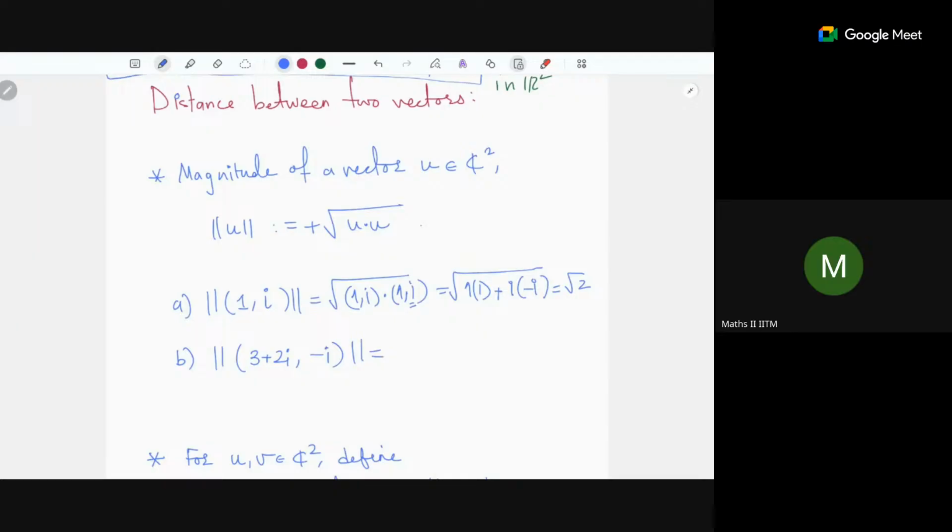So, what is the magnitude of the second vector? Anyone? Is it root 14? Let's check. So, it is 3 plus 2i. So, it is basically 3 square plus 4 square, plus minus i, so minus 1 square, that is 1.